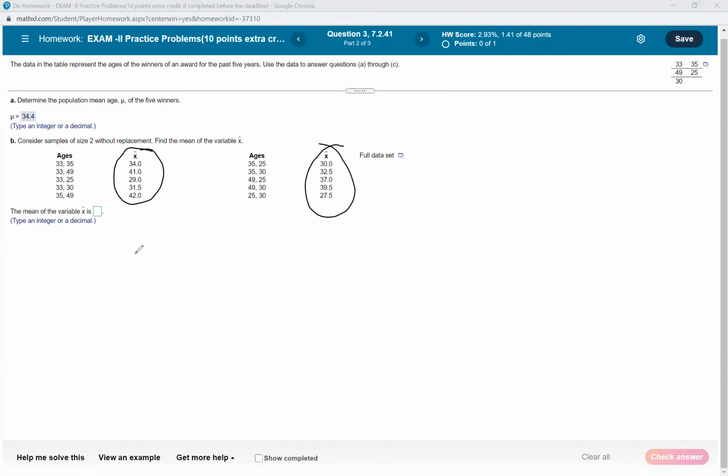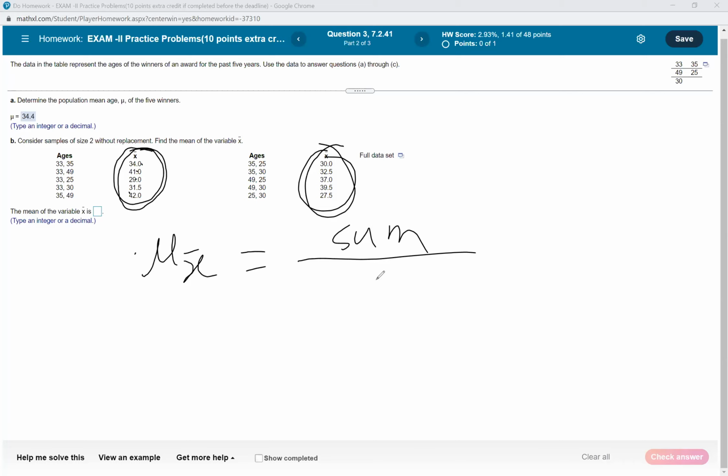So you have to calculate the population mean for x bar, that is mu x bar. So you have to add all these numbers and divide by how many numbers you have, 1, 2, 3, 4, 5, and here we have 10. So that will be the mean. Okay.